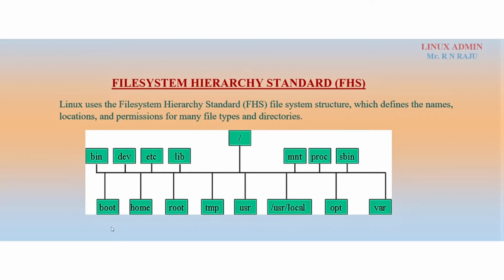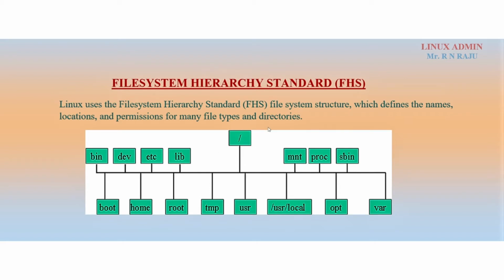These are the default directories automatically created when the operating system is installed. So every directory is under the top level slash directory. That's why it is a parent directory.